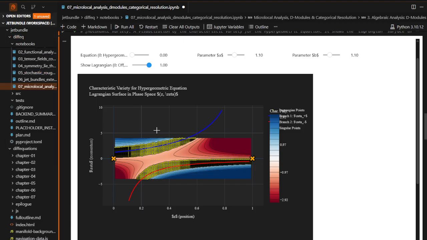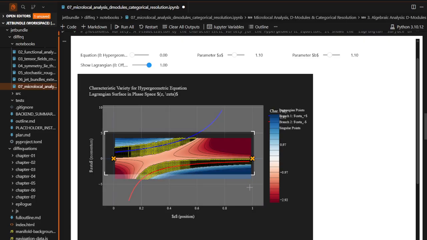Holonomic varieties are really rigid. They're so rigid they almost determine the module. This is why special functions are special, because they're the minimal, most symmetric solutions in the algebraic category itself. We can see the branches, the singularities, the real versus complex parts. It's all encoded within this characteristic variety.